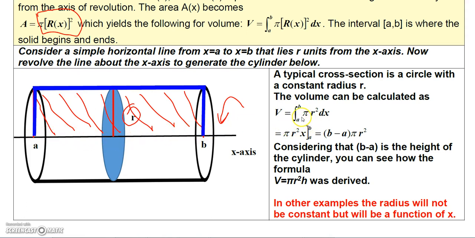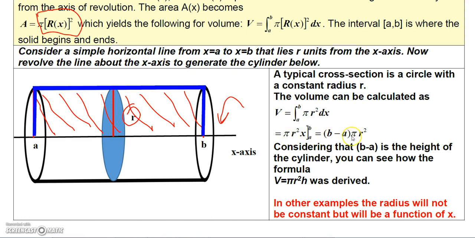Now, when we integrate this, since pi is a constant, and r squared is a constant too, we get pi r squared times x. And then if we integrate this from a to b, we get b times pi r squared minus a times pi r squared.